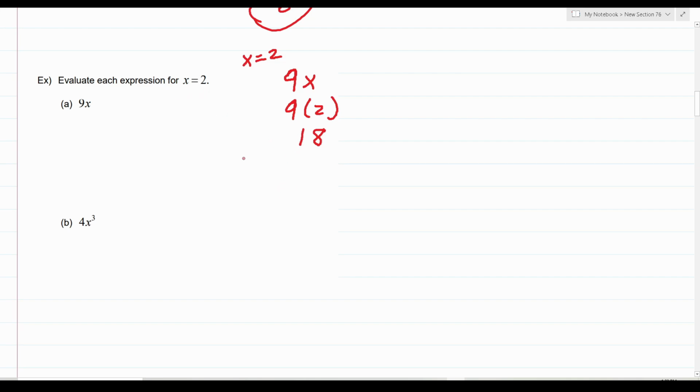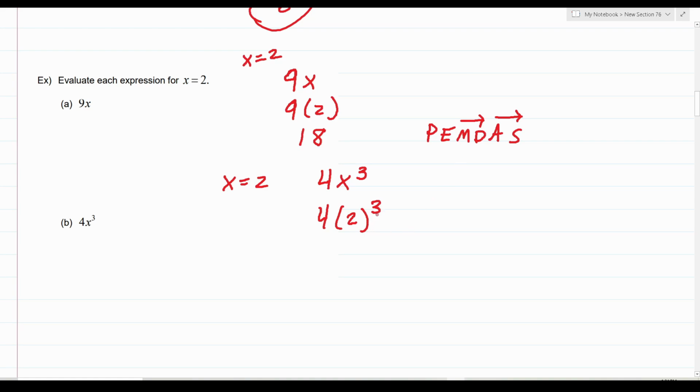Let's move on to the next one. Again, we're letting x equal 2, and our expression is 4x to the third. First we substitute 2 in for x, so this becomes 4 times 2 to the third. Here it might be helpful to use our order of operations, PEMDAS. We work out parentheses first if there are any, exponents next, multiplication and division as they appear from left to right, and addition and subtraction as they appear from left to right.